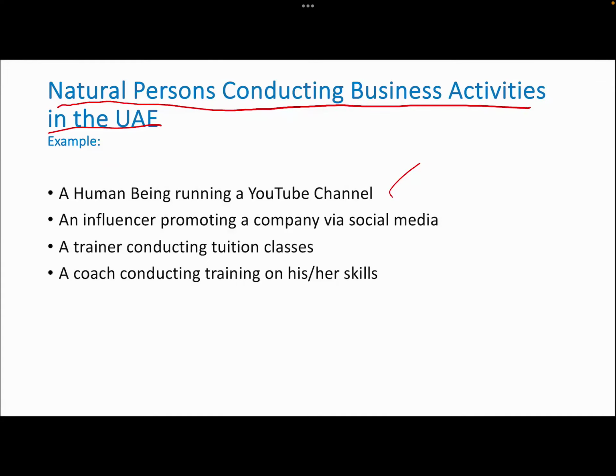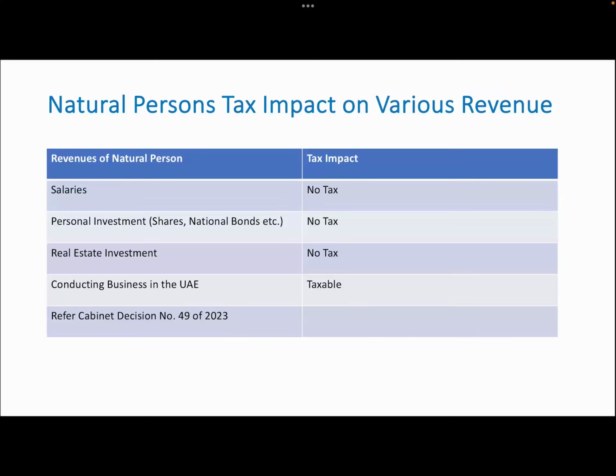We will talk about natural persons more in the upcoming article. For now, just remember a few examples which I have listed down. The second is an influencer promoting a company via social media, a trainer conducting tuition classes, a coach conducting training on his or her skills. These are some examples of natural persons conducting business activities in the UAE. Let's go to the next slide.